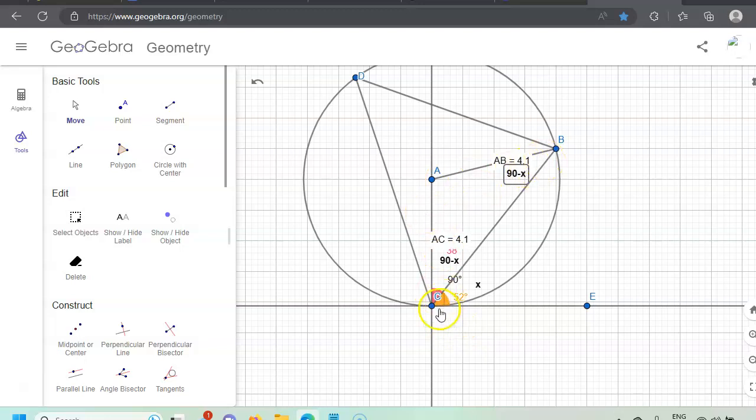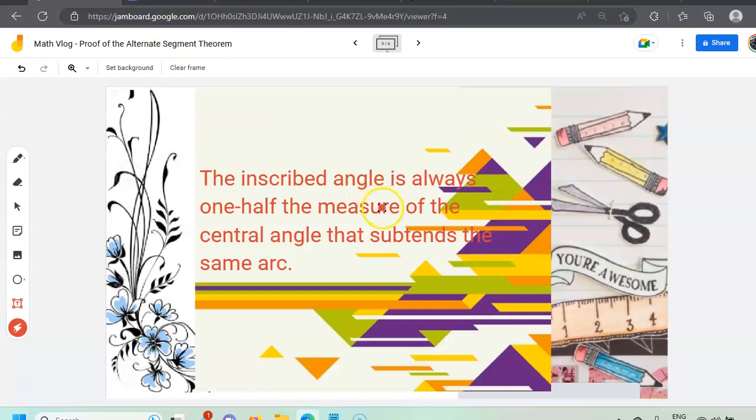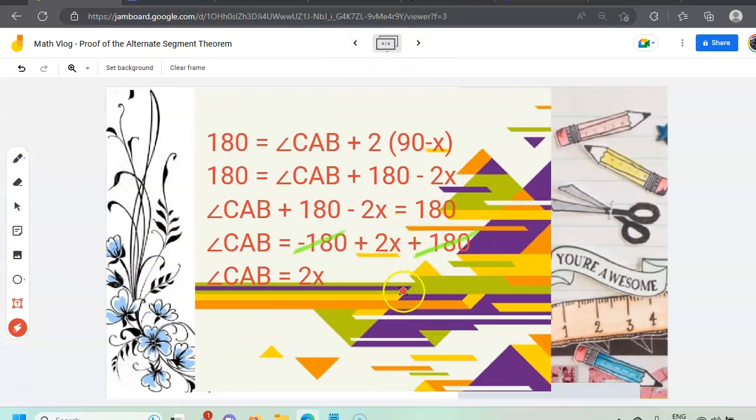And you are correct. It happens that CAB is a central angle. So let's call that angle CAB. So angle CAB plus 90 minus x plus 90 minus x is equal to 180 degrees. So we have that here. Okay, so 180 degrees is equal to angle CAB plus 2 times 90 minus x.